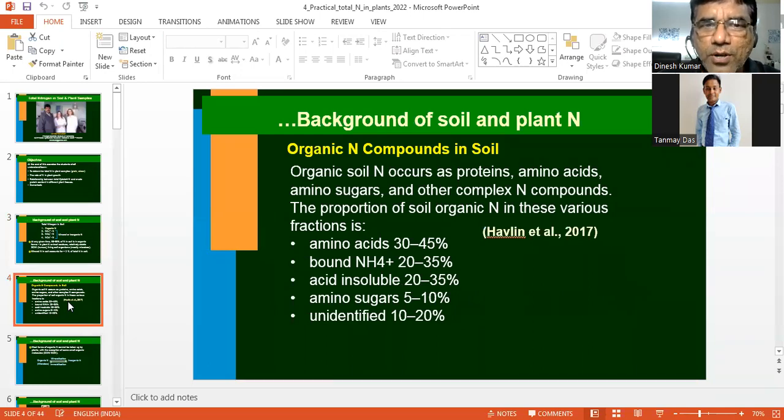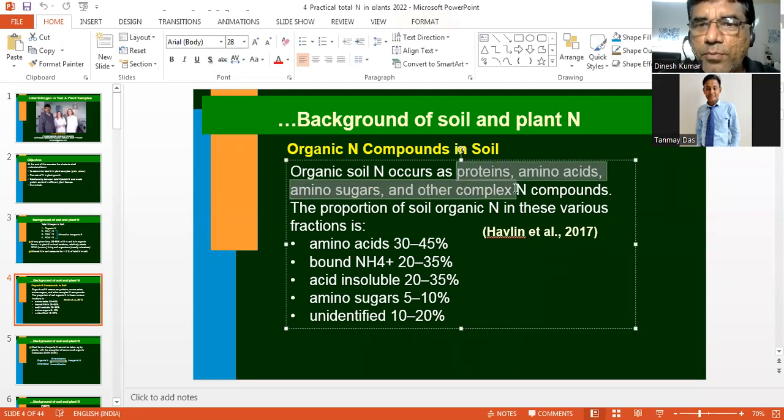Now, what are the organic forms? We know that organic nitrogen is 95 to 99% sometimes of the total nitrogen in soil. So in which form does it exist? Organic soil nitrogen occurs as proteins, amino acids, amino sugars, and other complex nitrogen compounds.